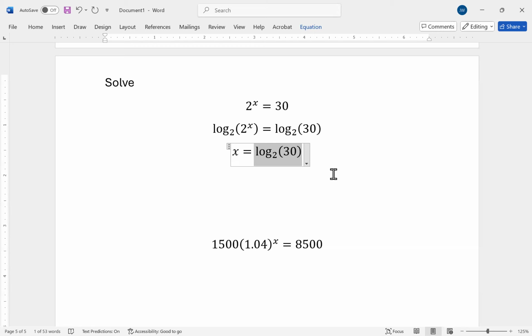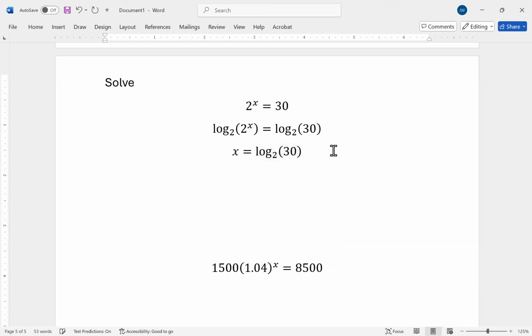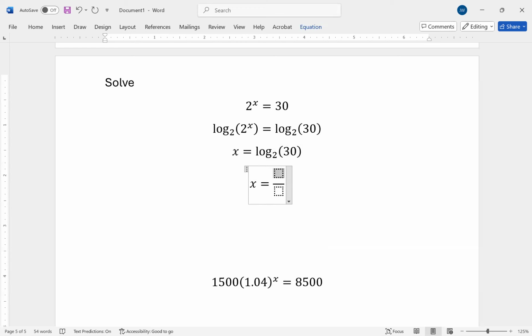If we don't have that log base 2, then I can do a change of base and say x is equal to the natural log or log base 10, it doesn't really matter, of 30 divided by the natural log or log base 10 of 2. I'm going to do natural logs both in the numerator and denominator. That's my change of base formula.